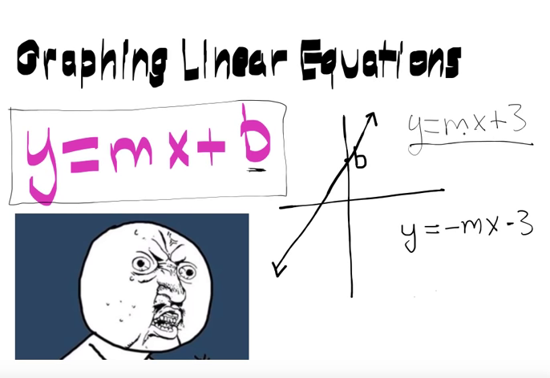If this was 3 and it was cutting here, then if this is negative 3, it should cross the y-axis at negative 3. And then it has a negative slope. We haven't specified, let's assume it's 1 or something like that. Then that's your line. It's not too straight, but okay.